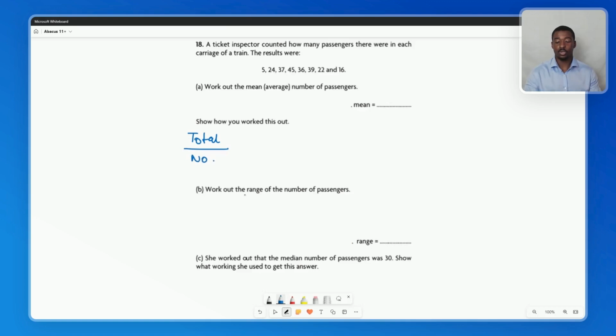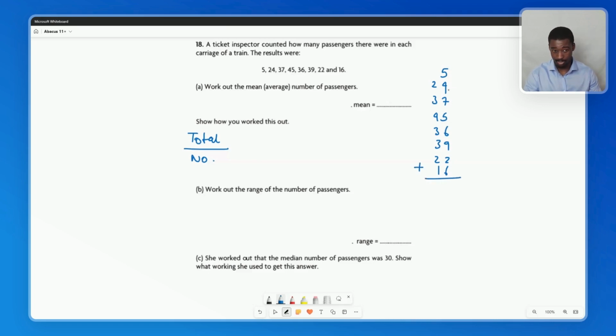number. So if we do this and we start with the total, let's add up all these numbers. So we have 5, we have 24, 37, 45, 36, 39, 22, 16. So let's not make any silly mistakes. We should be able to get this right.